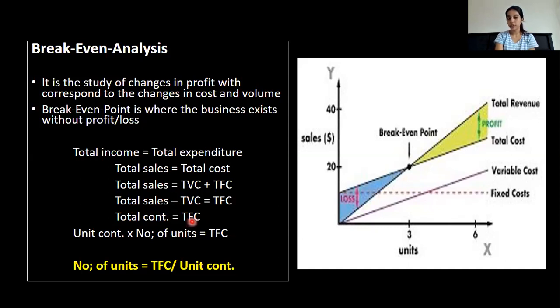So break-even point is a situation where contribution equals the fixed cost. This contribution we can break down into two: unit contribution into number of units. So when we isolate the number of units, we can rewrite the equation as total fixed cost over unit contribution is the break-even number of units. So this is the formula for calculating break-even number of units.